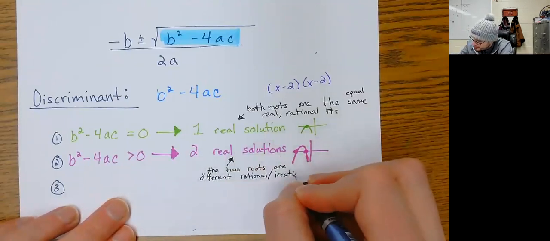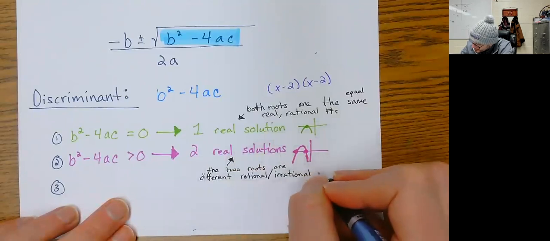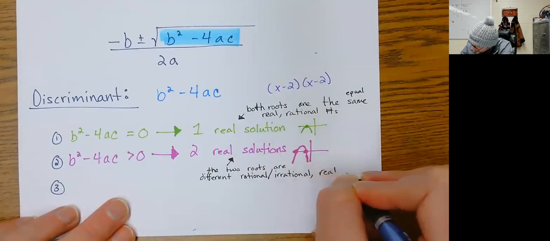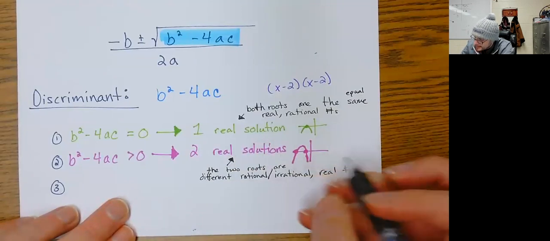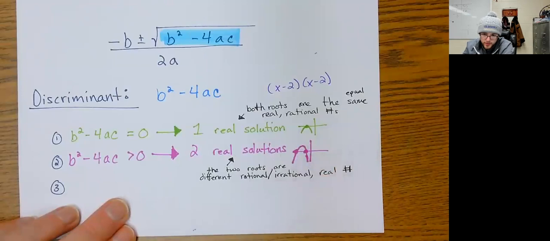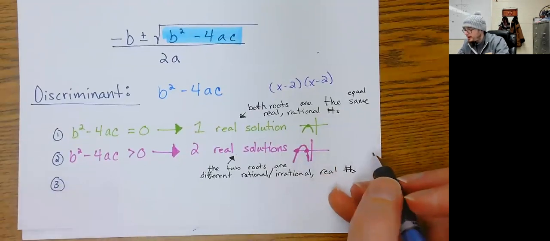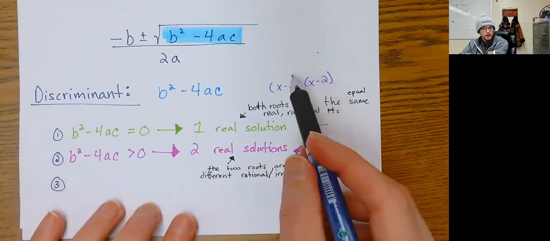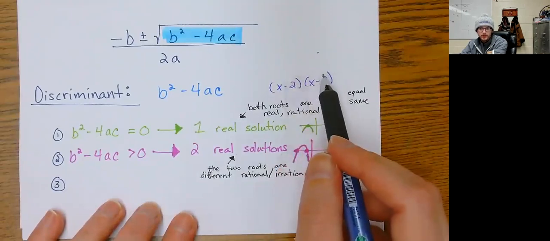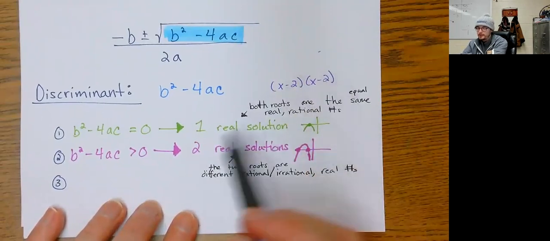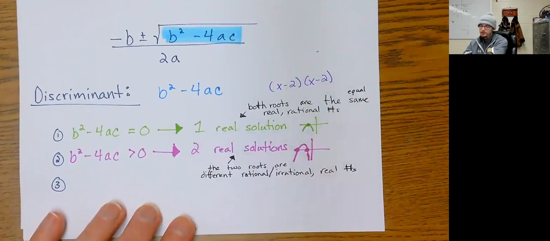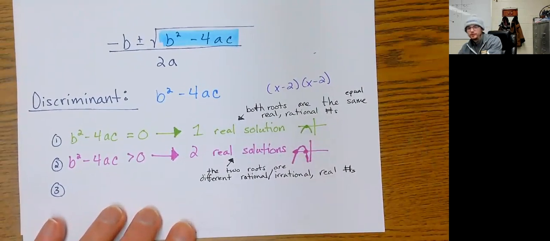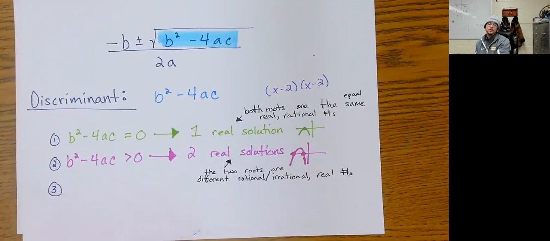They are real numbers. You can see that it crosses the x-intercept. But they are different. You're not going to get 2 and 2. You're going to get, I don't know, 3 and 4, or like these other problems, 9 plus the square root of 13 and 9 minus the square root of 13. Two different numbers.